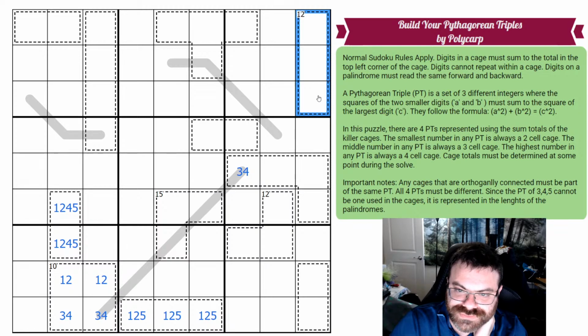This is another 12 and 3, actually. Wait, we have two 12 and 3s. How does that work?